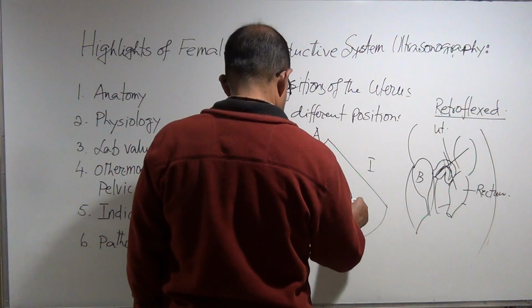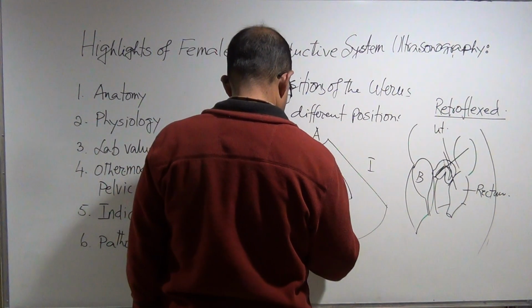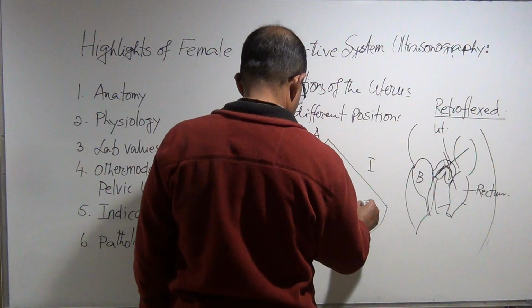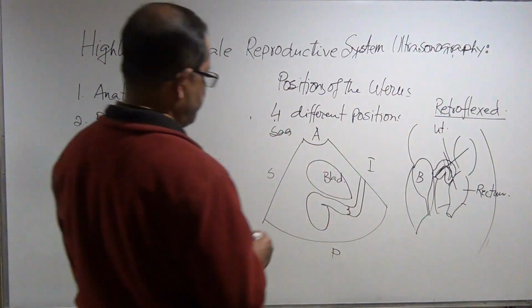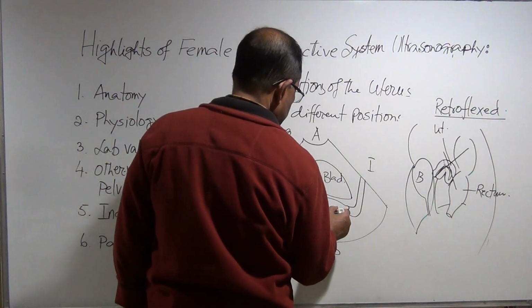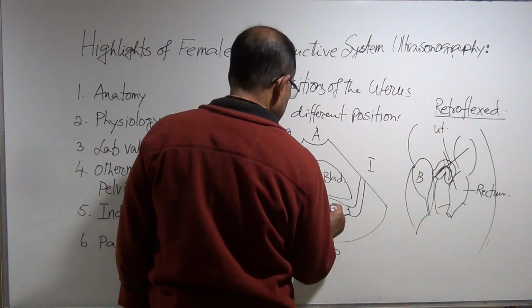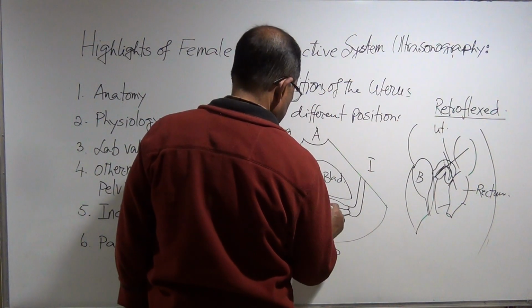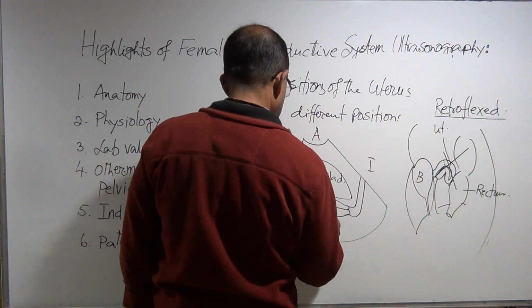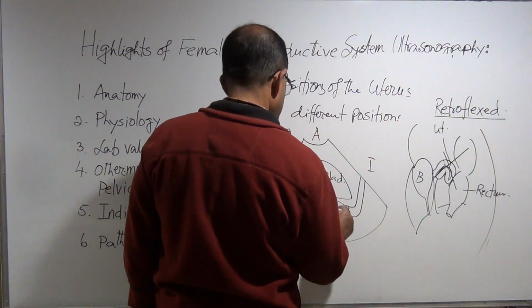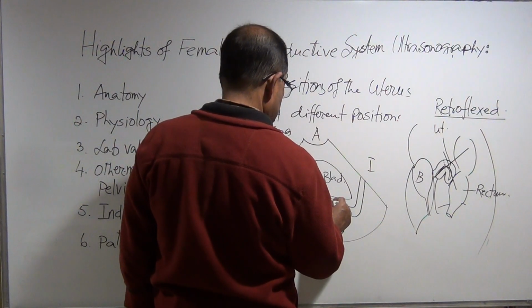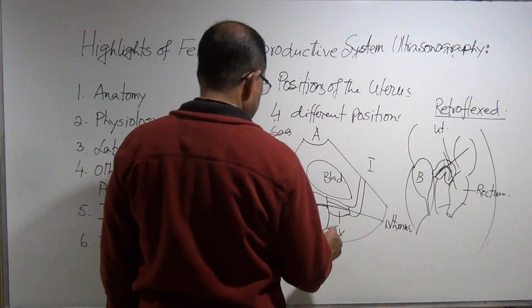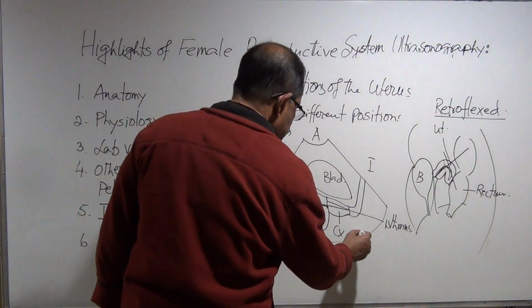Then you will see this is cervix, this is isthmus here, and the body and fundus.